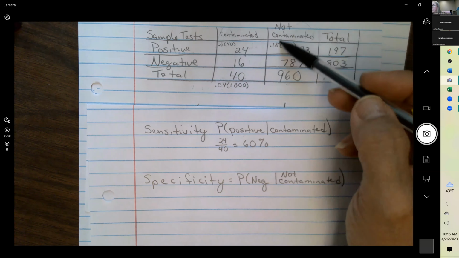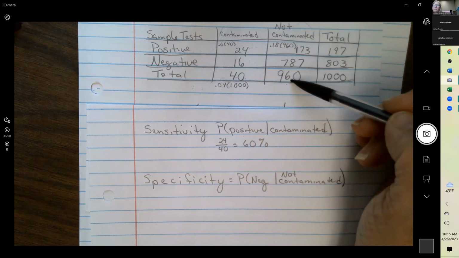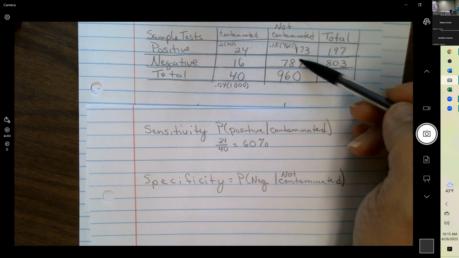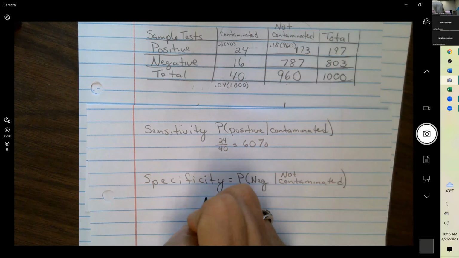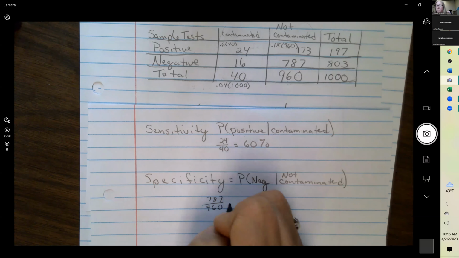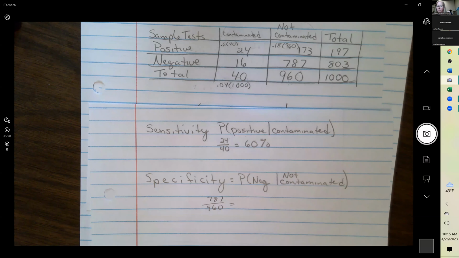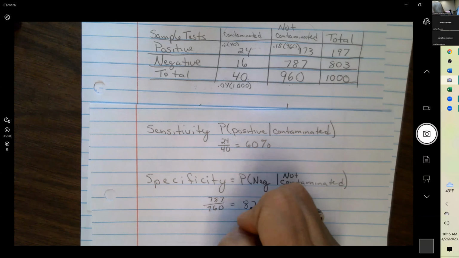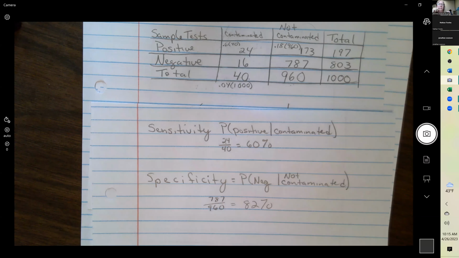So we look at only this column. And negative is the 787. 82%. Any questions on that?